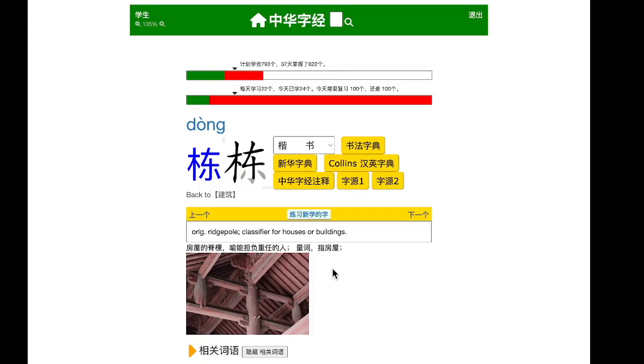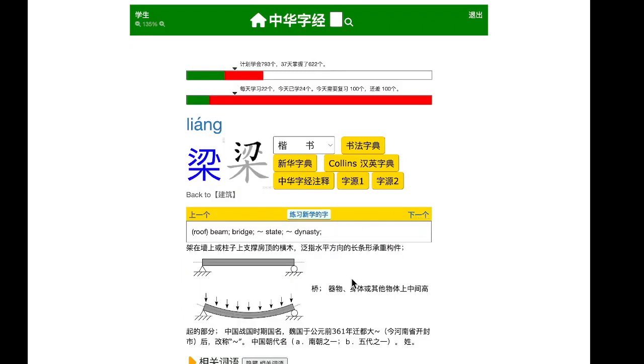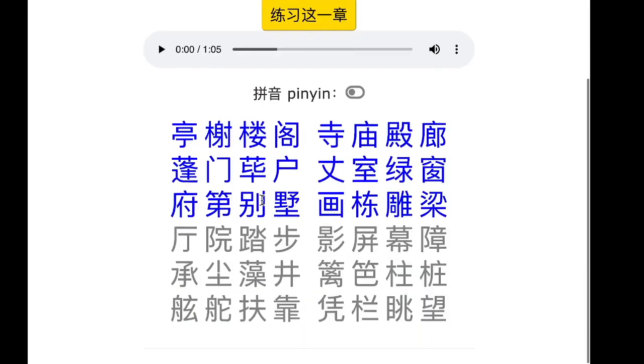So when we're talking about 一栋楼, it is one building. 梁 is a beam, structural beam. It could be a roof beam. It could be a bridge. 梁. So 栋梁 together, we're talking about these beams, structural beams.